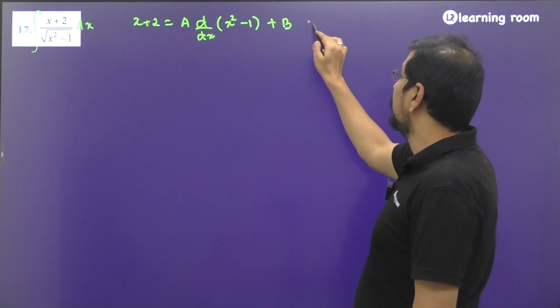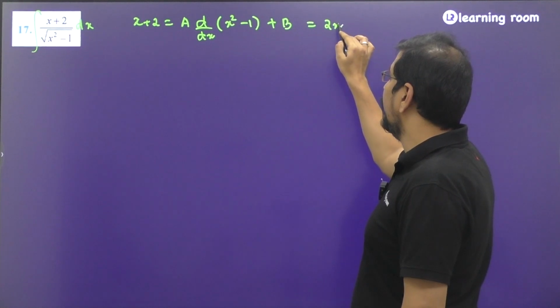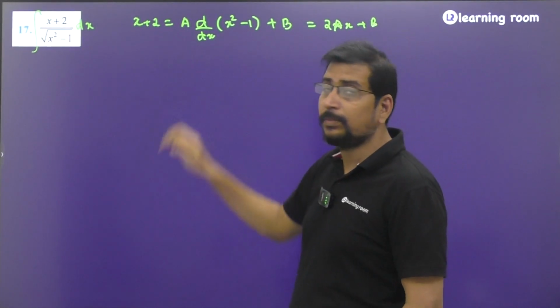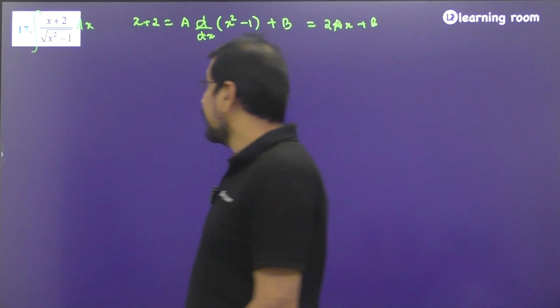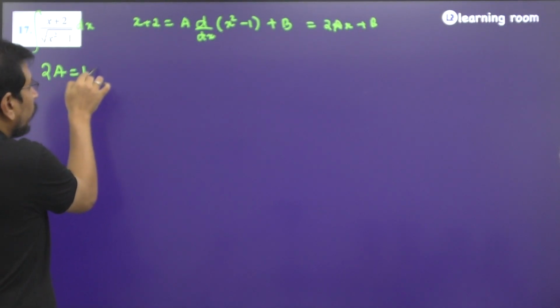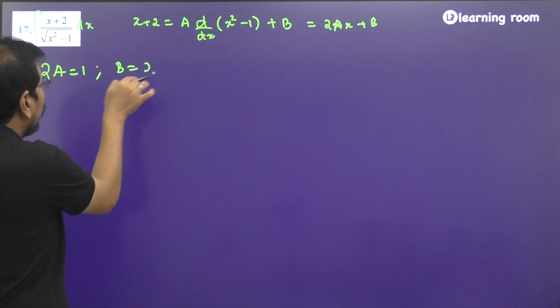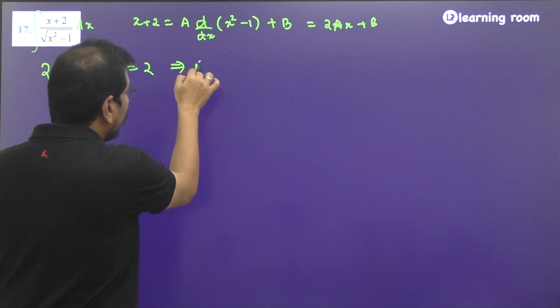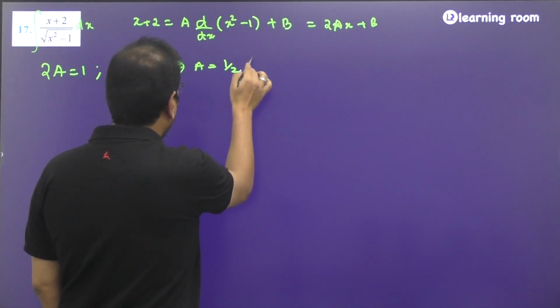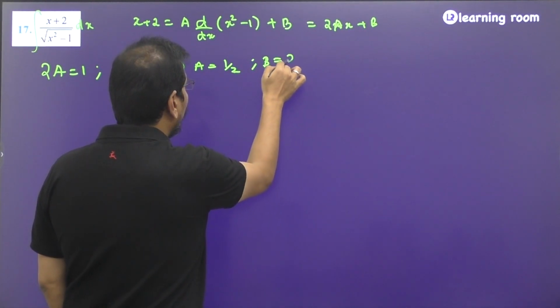So what will I get here? 2ax plus b is x plus 2. Comparing both the sides, you get 2a equal to 1 and b equal to 2. So this clearly indicates a is equal to half and b is equal to 2.